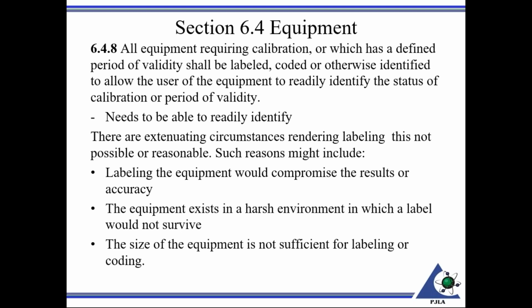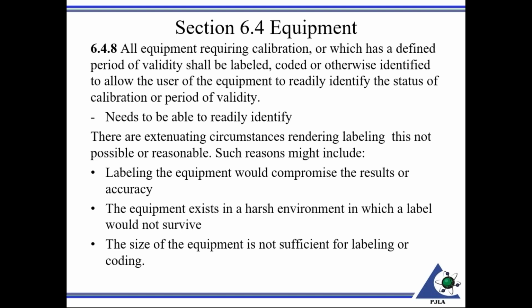Ideally, yes, it could be labeled, and that is how often I typically will see this handled. Often the calibration provider will put a label right on there, but that's not required. It just needs to be readily available. If a user can produce that information on the calibration status of equipment in a relatively short period of time, that's fine, as long as it's readily available.